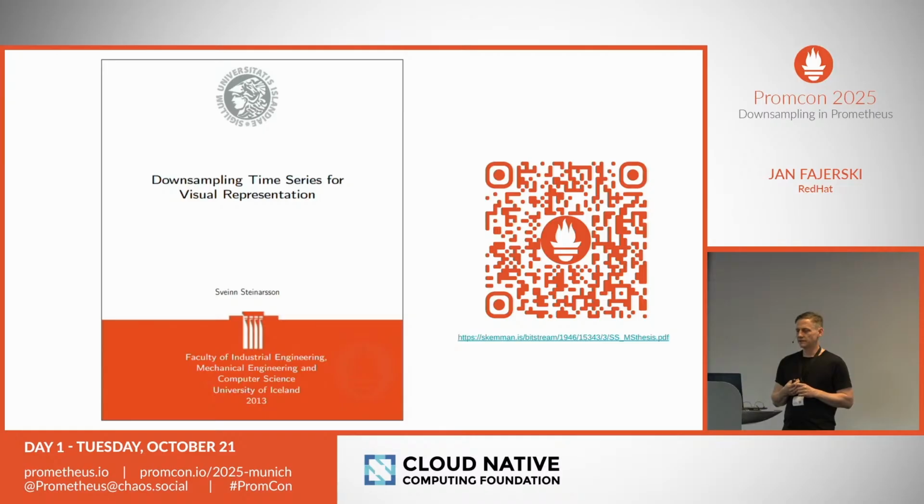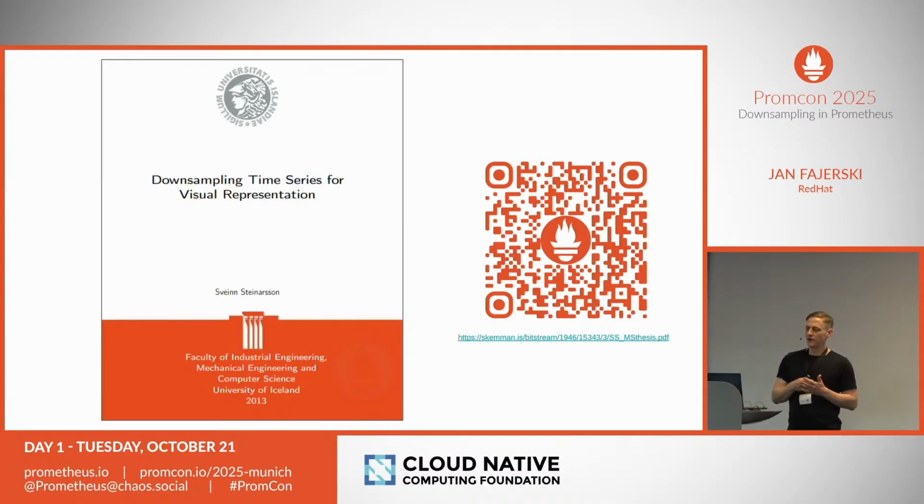I recommend reading it if you want. It specifically looks at algorithms to improve visual representation of time series, so you get a nice overview of what's there. Then they introduce their own new algorithm, which I'll show you in a second. I just want to tell you where it came from, which is really cool.